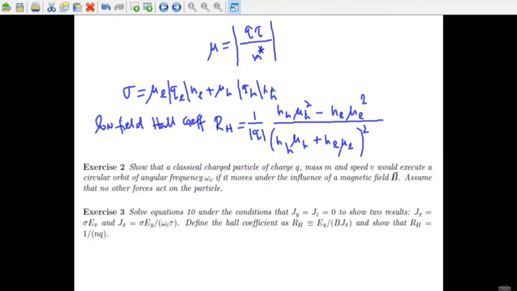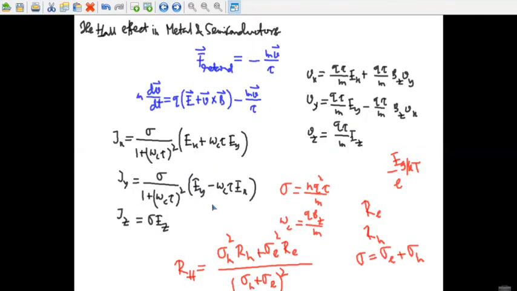And the low field Hall coefficient would look like R_H equals 1 upon modulus of q, times (n_h mu_h squared minus n_e mu_e squared) divided by (n_h mu_h plus n_e mu_e) whole squared. This comes from this formula, right? We have substituted the value of mu_h in sigma_h and sigma_e.